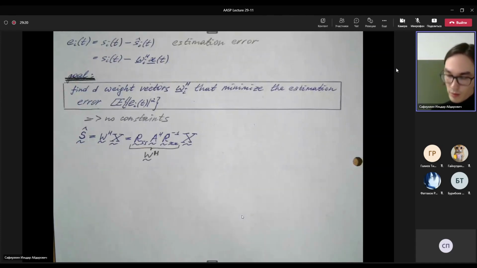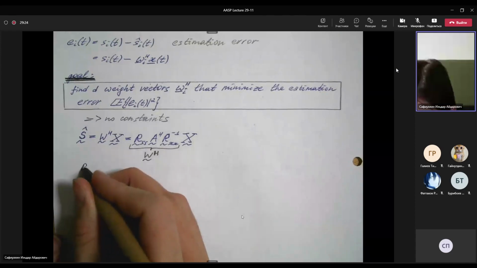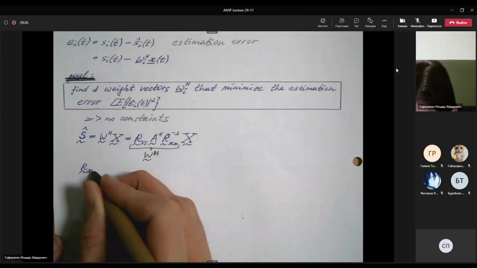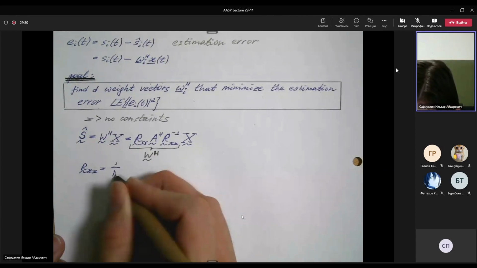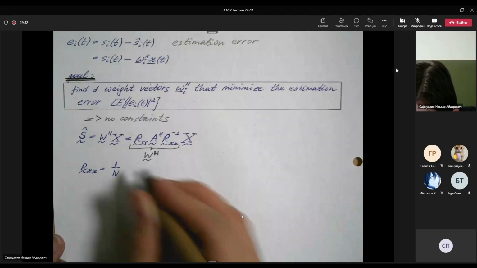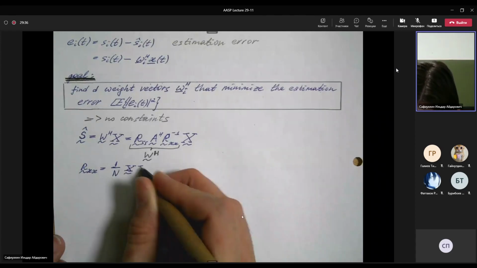And then Rx is equal to 1 over n times x times x Hermitian.